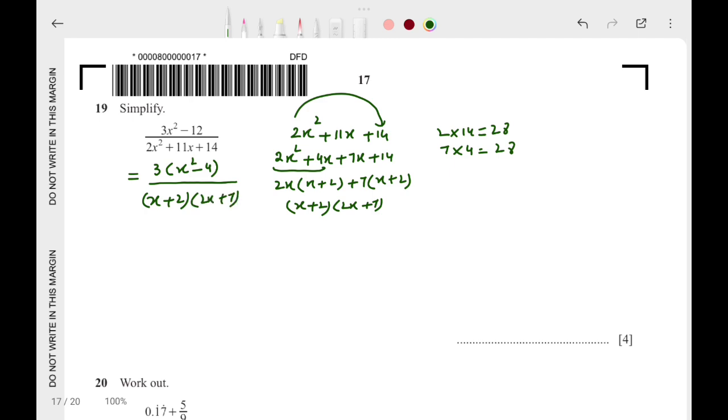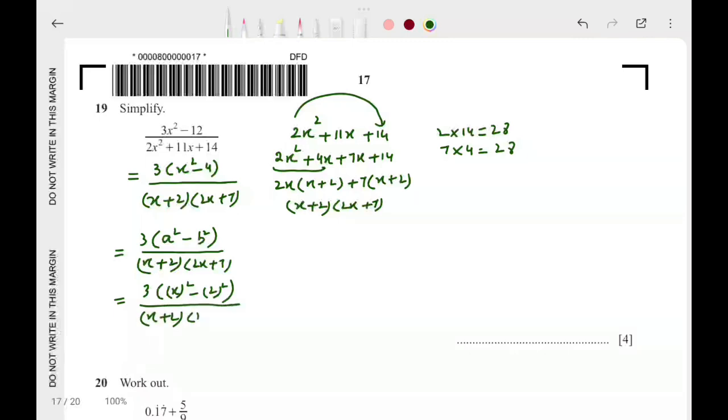Now if you see the top part of the fraction, we can apply the difference of two perfect squares formula, that is a square minus b square. We can use that formula actually. So this would be x square minus 2 whole square, divided by x plus 2 and 2x plus 7. So it will be 3 into x minus 2, x plus 2.